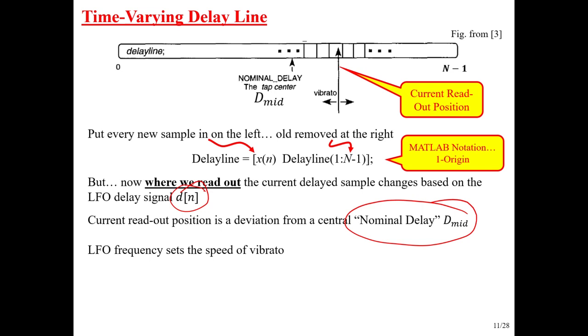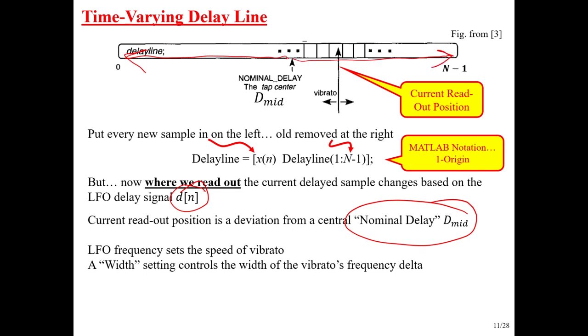So there will be a knob or a control that the user can set. And there's also a width. So the width control sets how far we can go to the left and how far we can go to the right as the LFO sweeps through its positive and negative values.